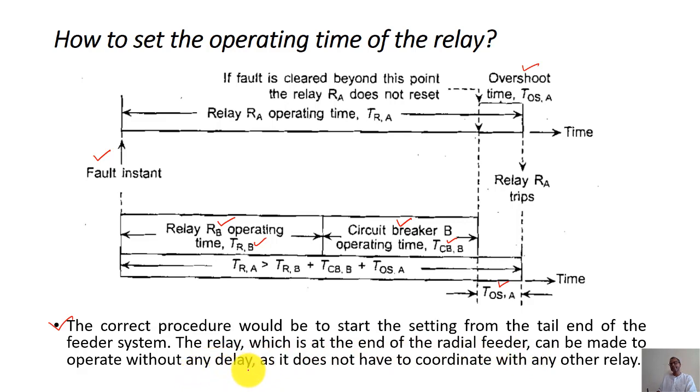That means it should respond instantaneously, as it doesn't have to coordinate with any other relay. Still, there is some operating time, and that operating time is known as TRB.